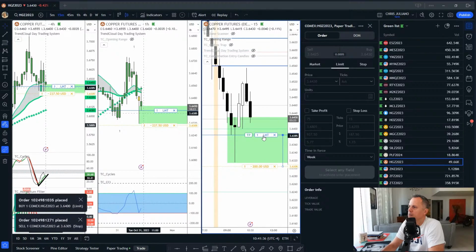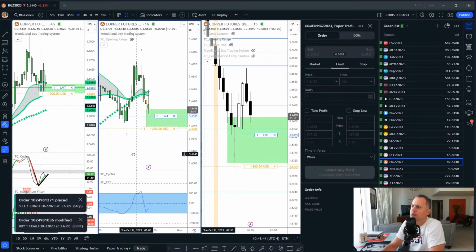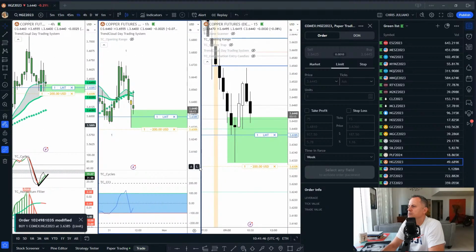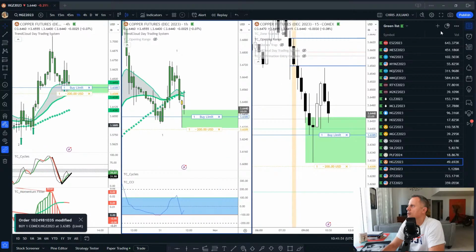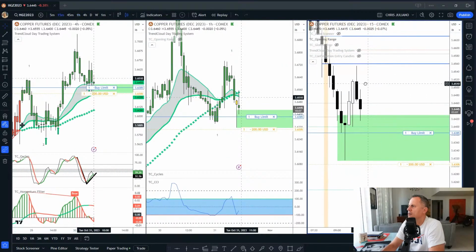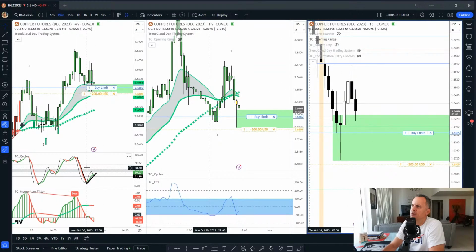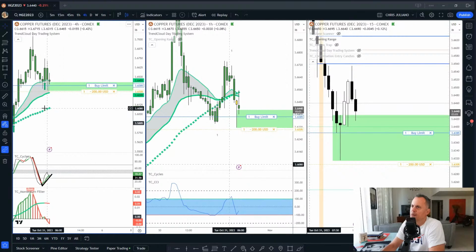Pretty expensive. But that would be your trap. That would be your bull trap, or bear trap, I'm sorry. Right? Upward trend, strong, impulsing up.